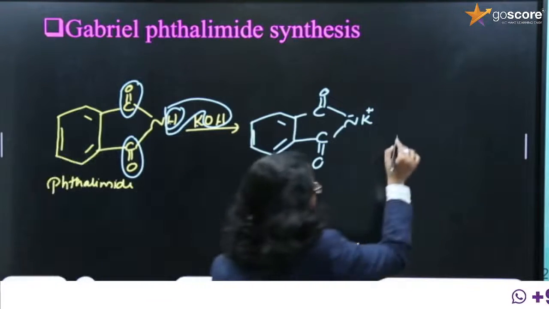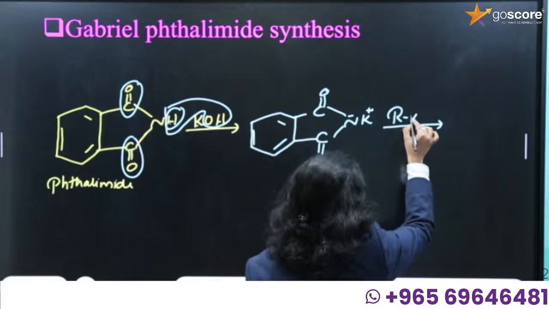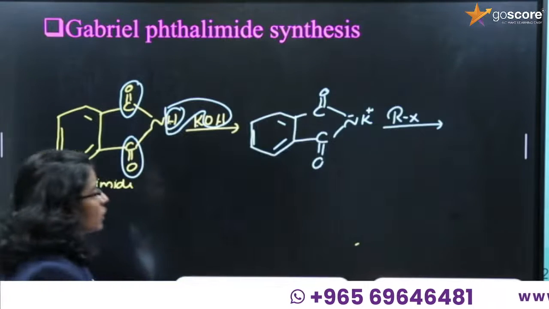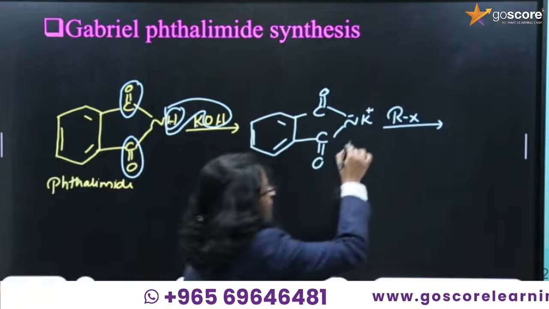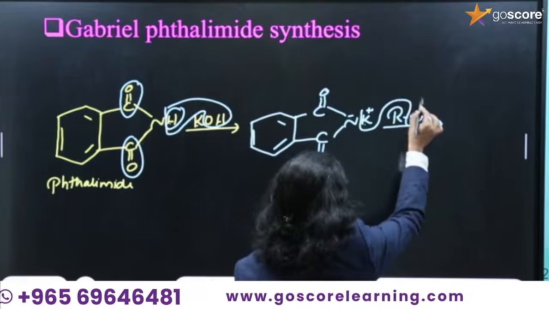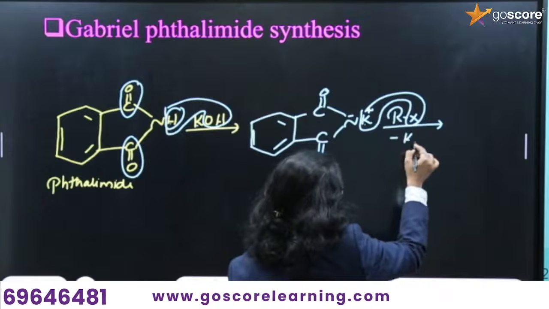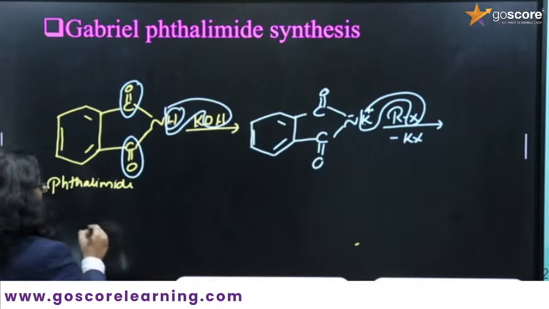This potassium salt of phthalimide on reacting with alkyl halide, you will get N-alkyl phthalimide, that is this K and this X will be eliminated as KX and the R will be attached to the nitrogen.